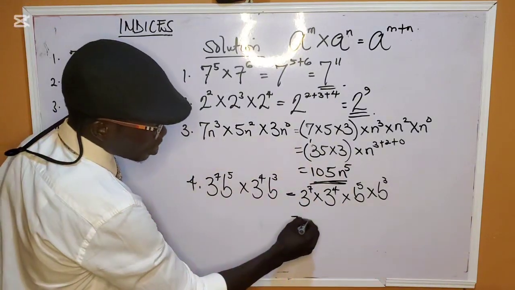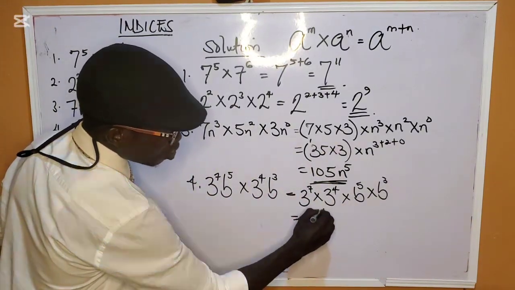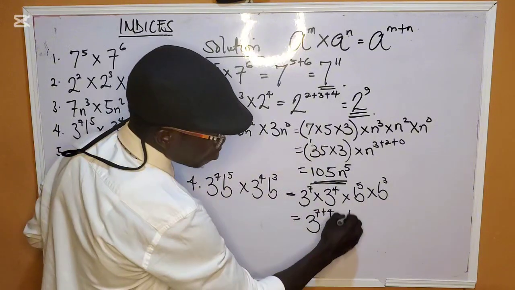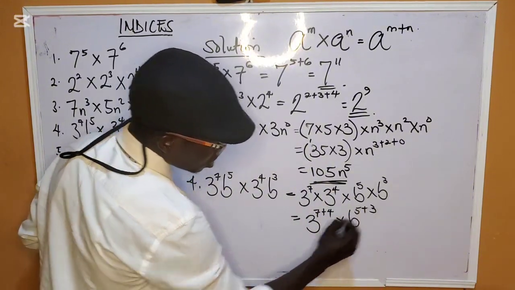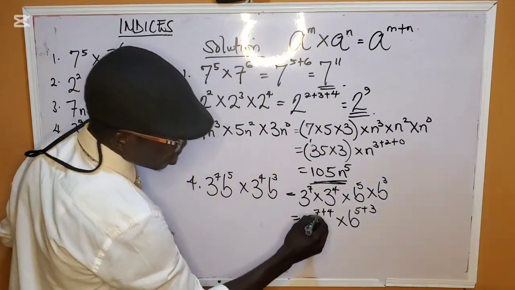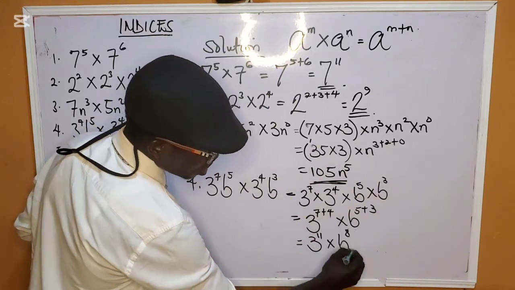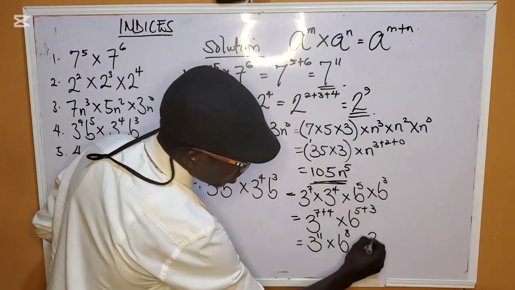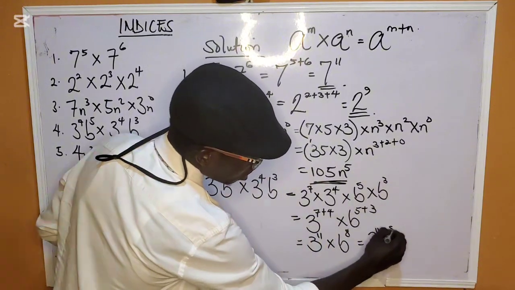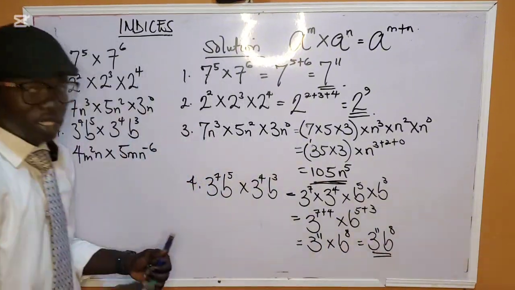So therefore, this is going to be 3 raised to 7 plus 4 multiplied by b raised to 5 plus 3. That is 3 raised to the power of 11 multiplied by b raised to the power of 8. And that is our answer.